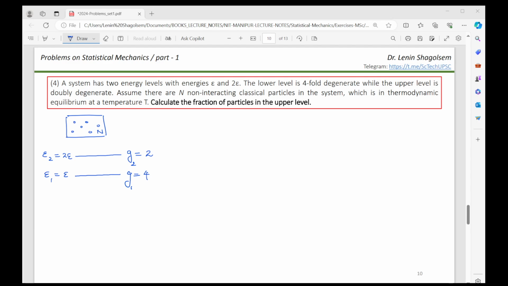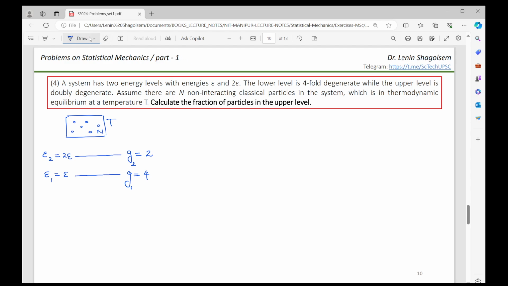Now let me just read the question. The lower level is 4-fold degenerate while the upper level is doubly degenerate. Assuming that there are n non-interacting classical particles in thermodynamic equilibrium at temperature T, we have to calculate the fraction of particles which are in the upper level.